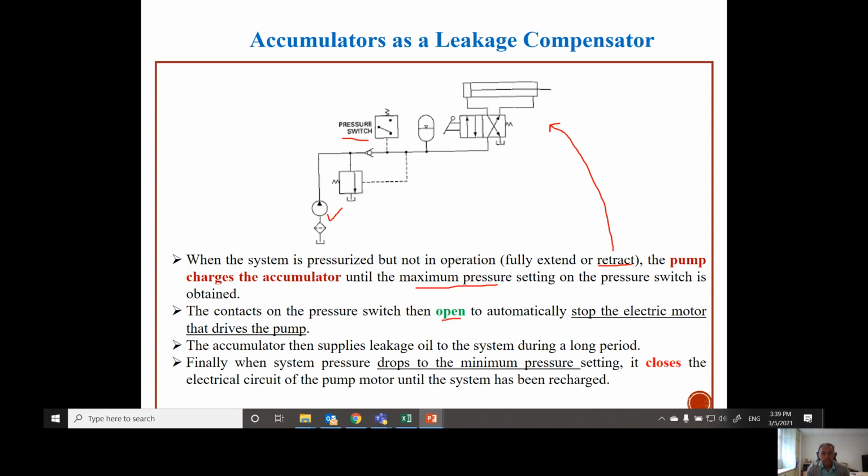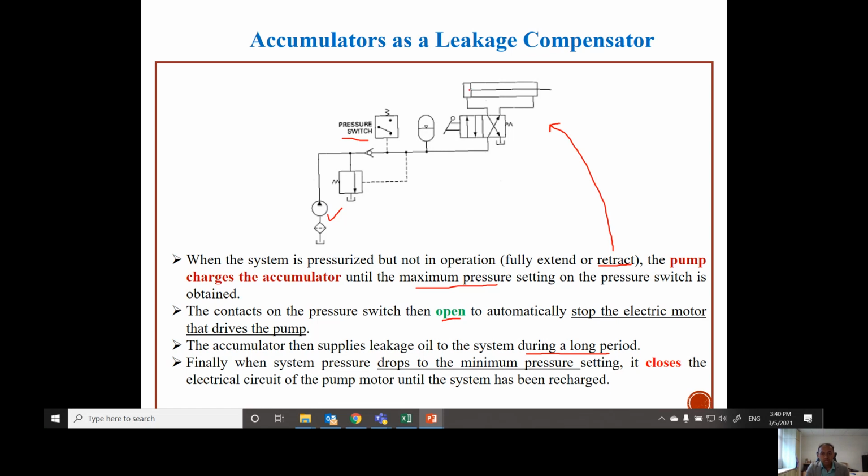So when this contact opens, it will automatically stop or turn off the pump. Okay, or it will turn off the electrical motor, the one that drives the pump. So when the pump is off, okay, which is the primary source of the flow, now the accumulator will supply the leakage oil to the system during a long period.